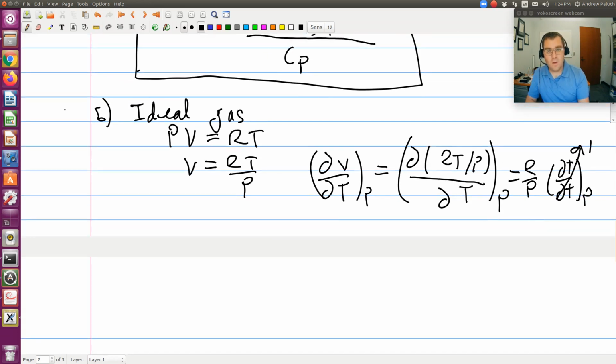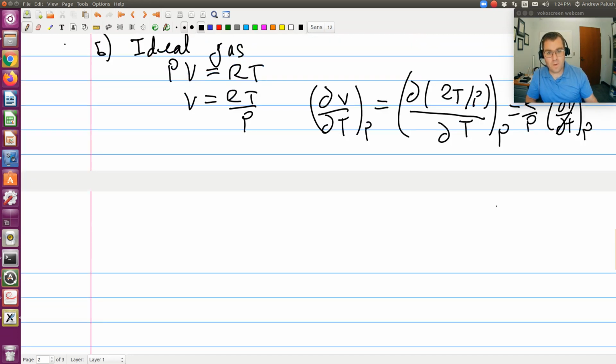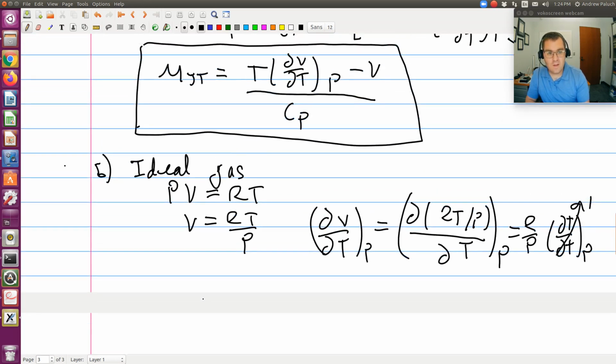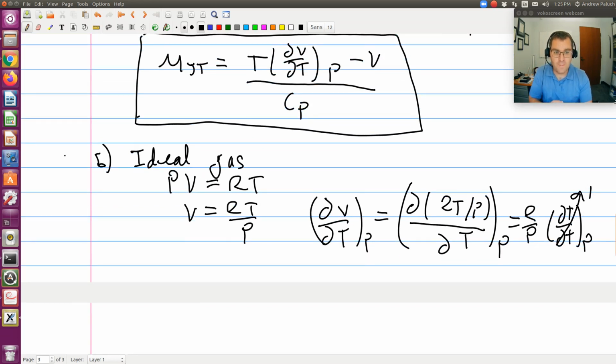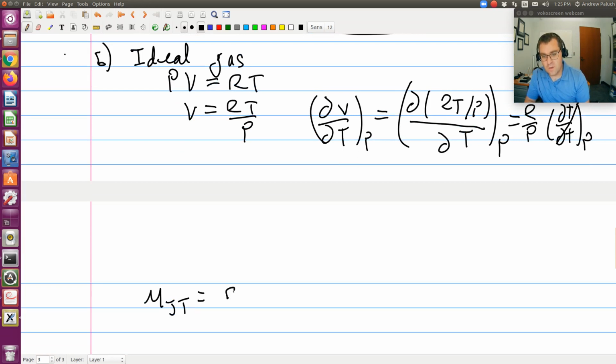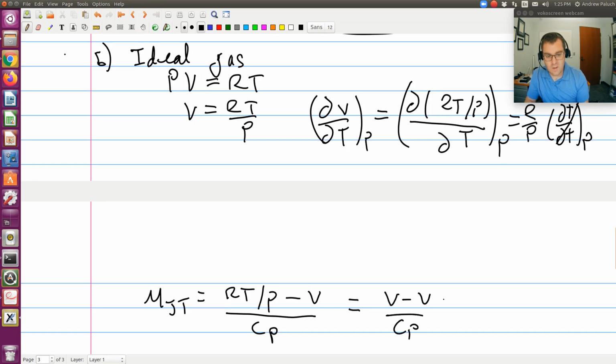If I plug that in, for an ideal gas mu_JT is equal to T times R over P, that is RT over P, minus V, over Cp. The equation of state for an ideal gas is PV equals RT, so RT over P is just equal to V. So you get V minus V over Cp, which is equal to 0.